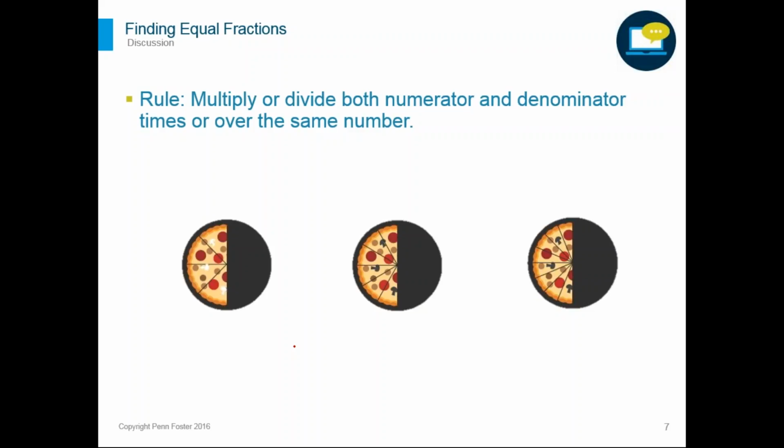So we have 3 pizzas here, and you can notice that each pizza is the same size. This pizza is the same size as that one, and the same size as that one. The only difference is this pizza was originally cut into 8 pieces. Now, how many pieces are left on the tray? 1, 2, 3, 4. So I can represent the portion of the pizza that is left on the tray by the fraction 4 over 8.